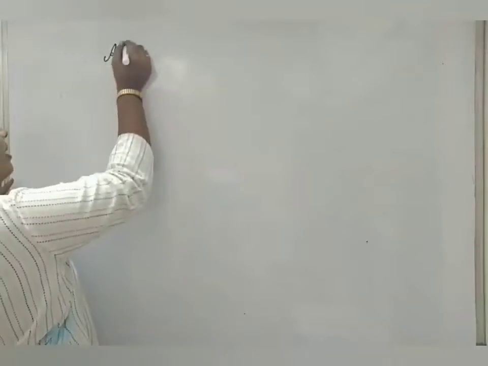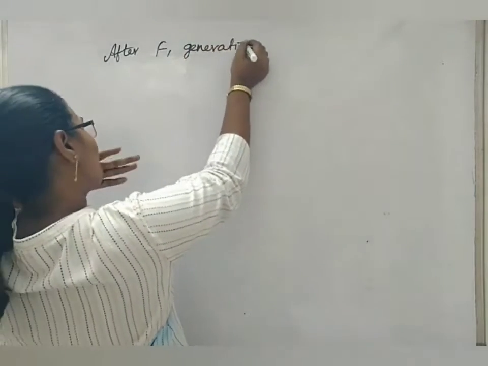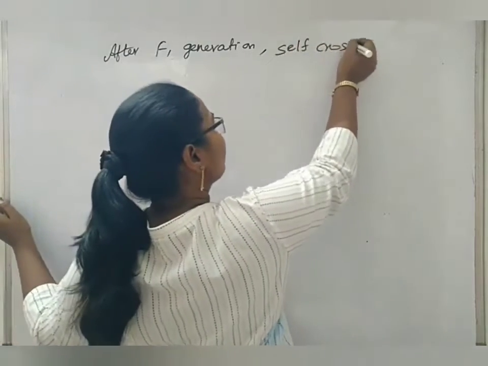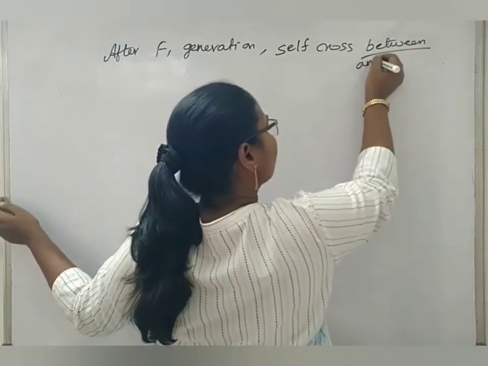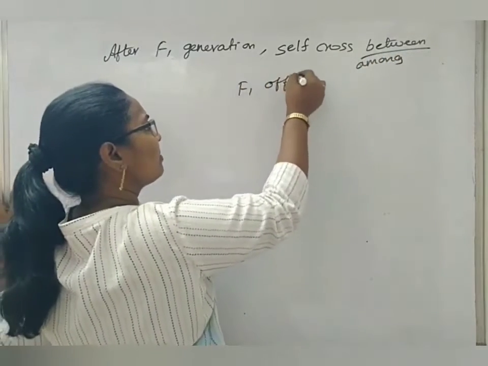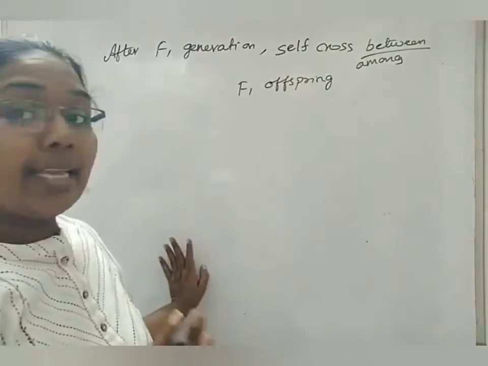After F1 generation, self-cross among F1 offsprings. So we got all F1 generation as heterozygous.